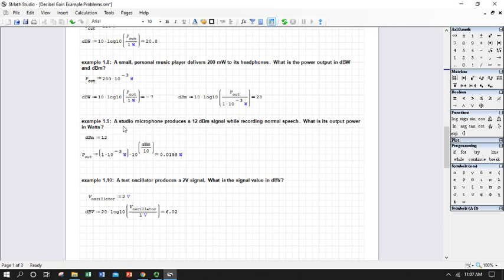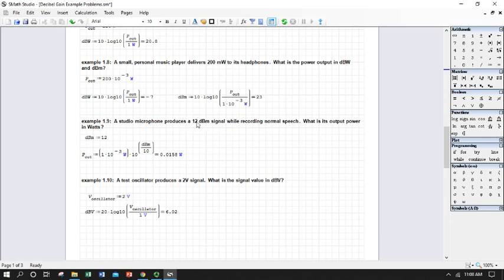Okay, example 1.9. A studio microphone produces a 12 dBm signal while recording normal speech. What's its output power? Maybe we want to make sure we're not putting out too much power and deafening somebody. It is a studio talking about human speech. So 12 dBm.